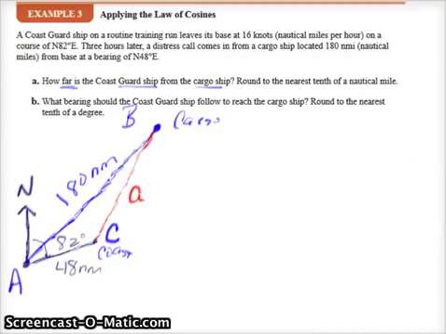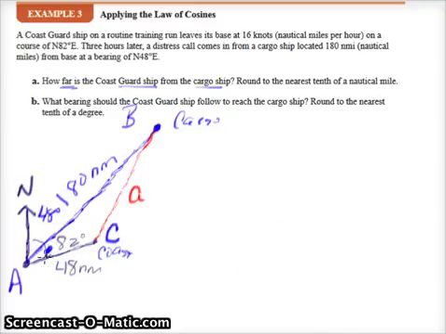Okay, well, let's see. Now we know that this angle right here, it said was 48 degrees east. So that tells us that we know that angle right here.